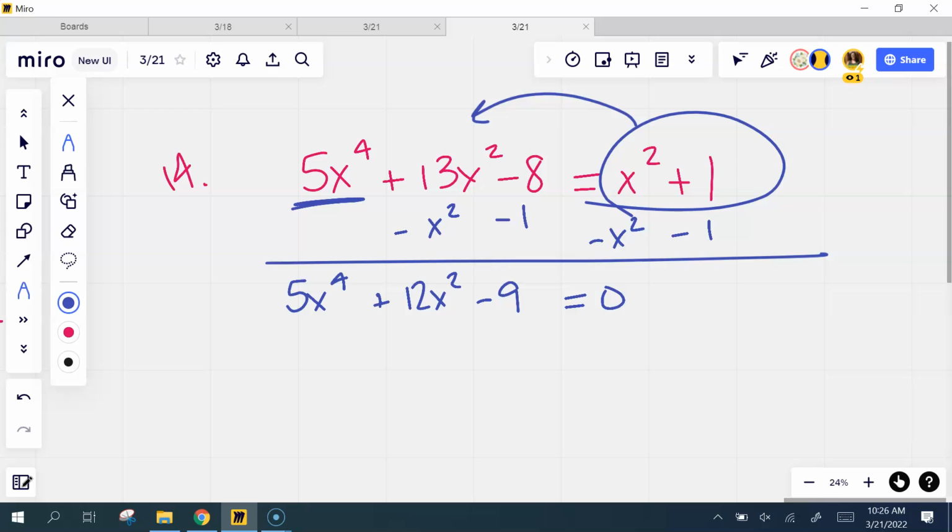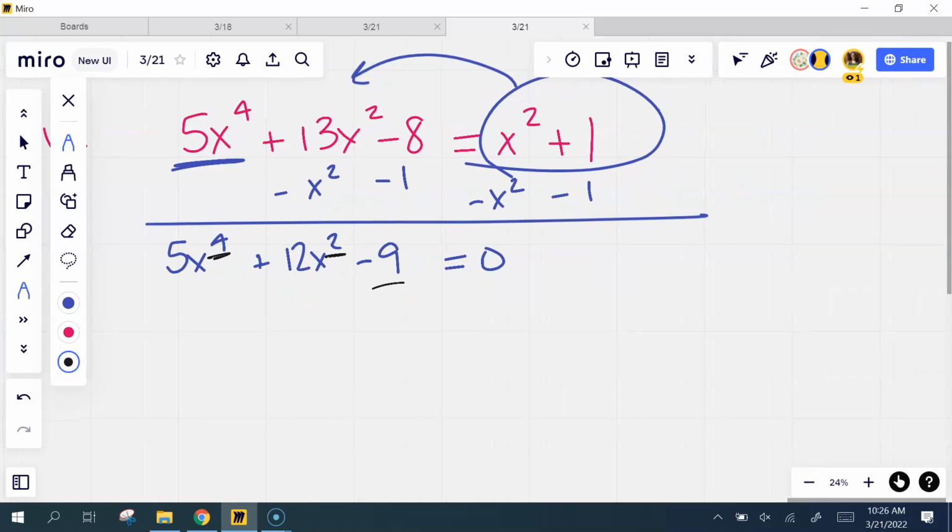What now? Factor it. Even, half, constant. Can I shortcut this one? No, why? That's not a 1, that's a 5, which means I have to group it together, right? What multiplies to negative 45x to the 4th, but adds to 12x squared?